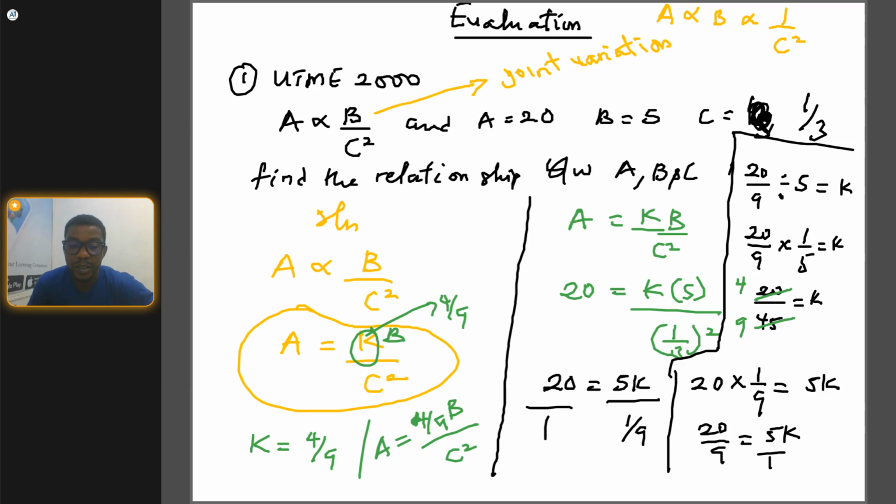So this is the relationship between A, B, and C. Is the evaluation question clear to us?